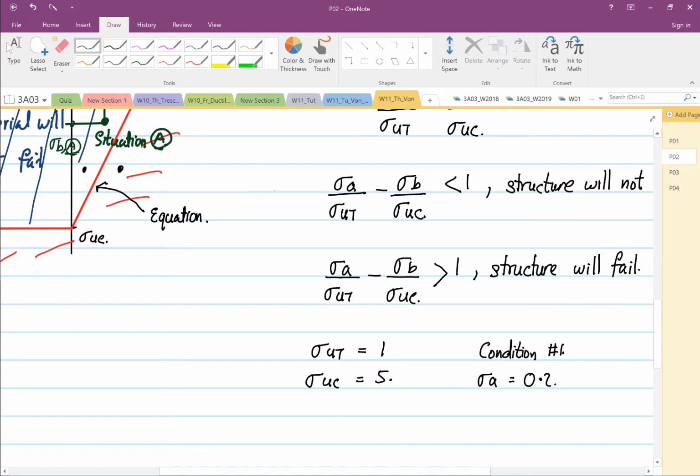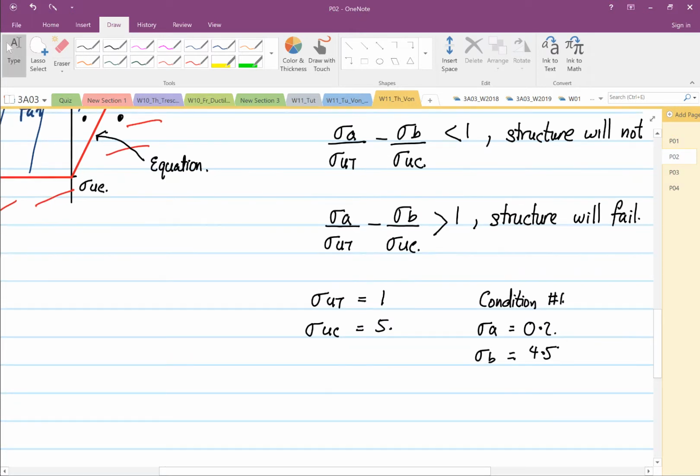And stress B is equal to 4, let's say 4.5.